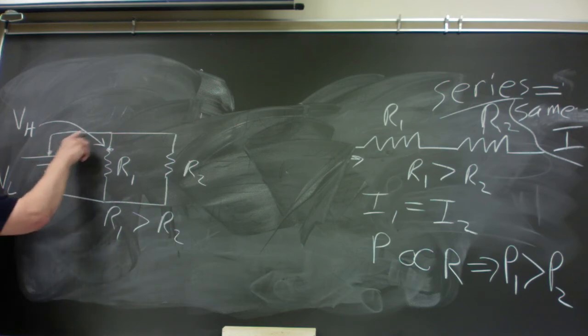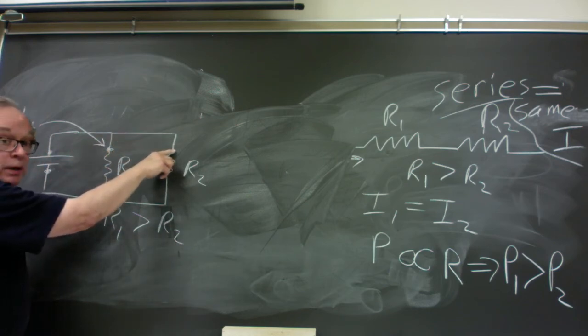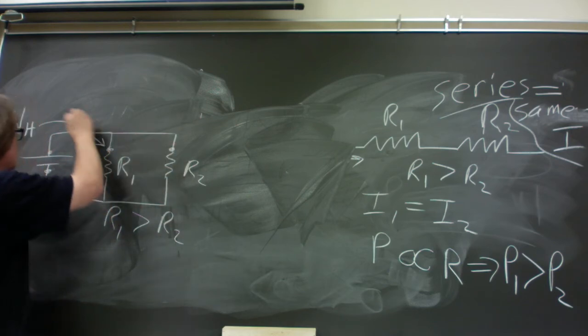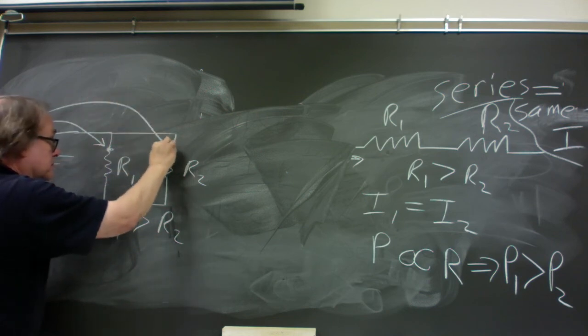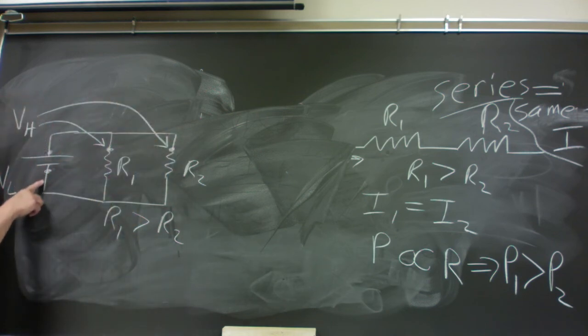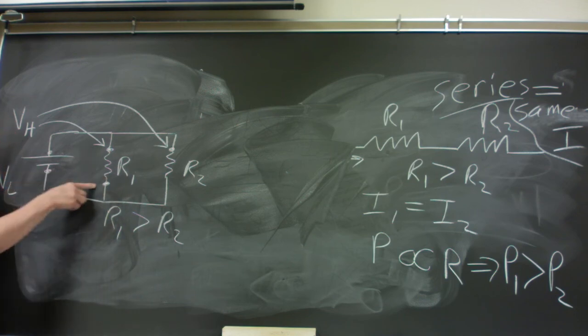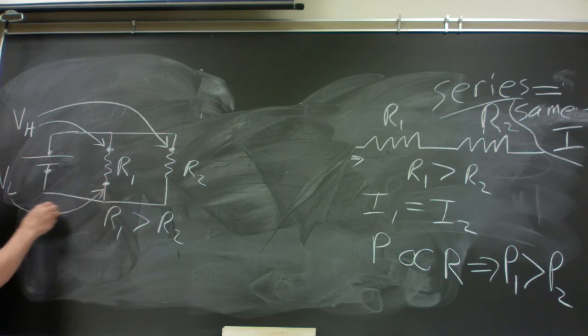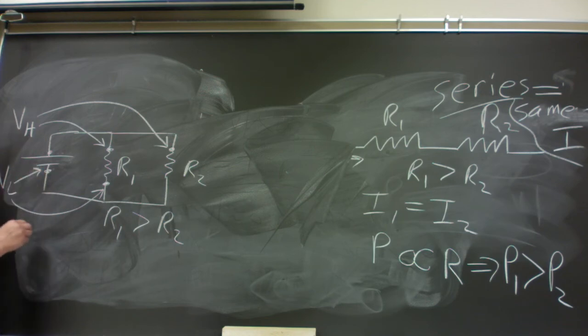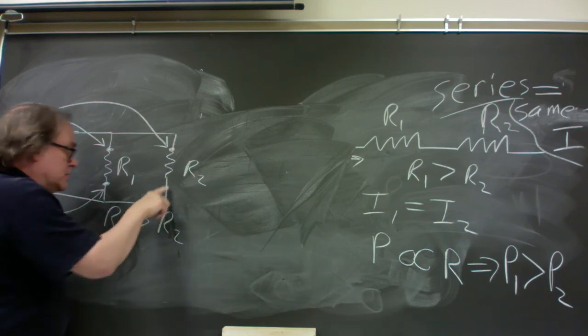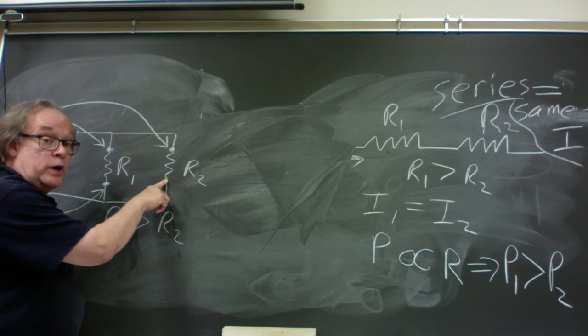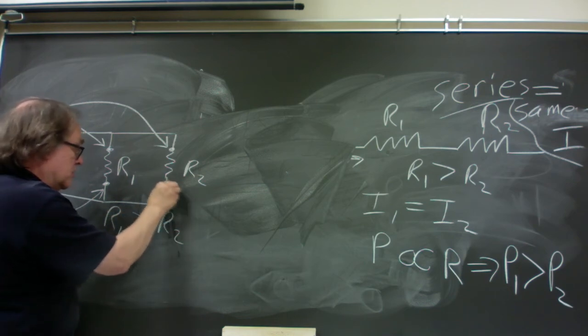And this point is connected to this point by nothing but wire. So those are at the same potential. And likewise, this point is connected to this point by nothing but wire, so they're at the same potential, both V low. And this point is connected to this point by nothing but wire, so they are also at the same potential.